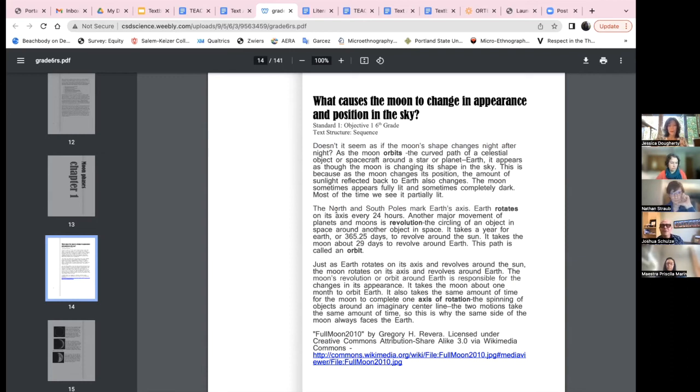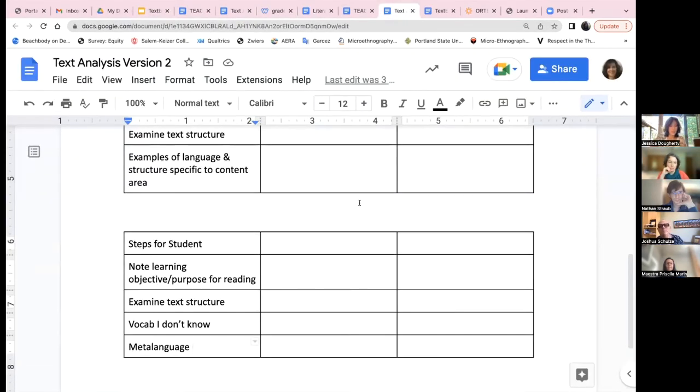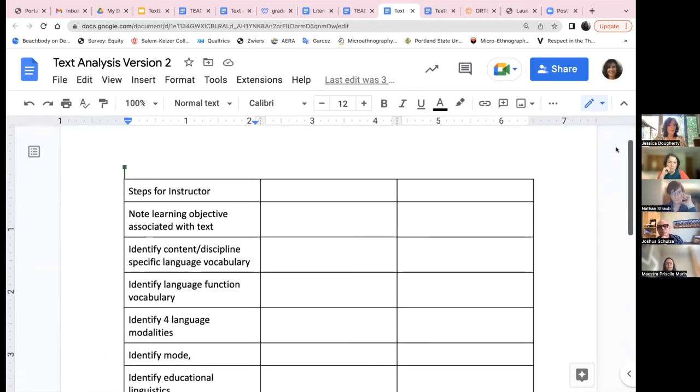What else? I know we're quickly running out of time. It looks like we have about 1 minute left. Is that accurate? Yes, that's accurate. Okay, so hopefully that gives you a quick snapshot. I wish we could dive a little further into a discussion about tenor and mode. Our intention was also to look at the text analysis version 2 and how you would interact with that based on a text.